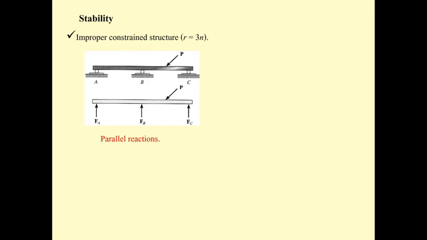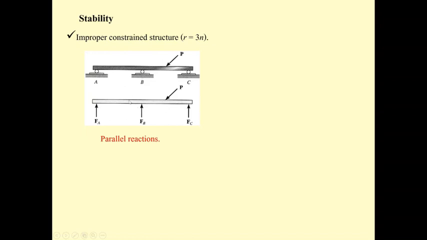For the stability, okay, sometimes when the structure has the unknown reactions equal to the number of equations of equilibrium, the structure may still not be in equilibrium. For example, this beam. This beam has roller supports at A, B, C, and you know that a roller support can provide only a vertical direction reaction.